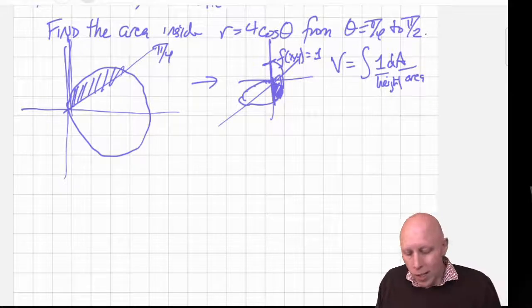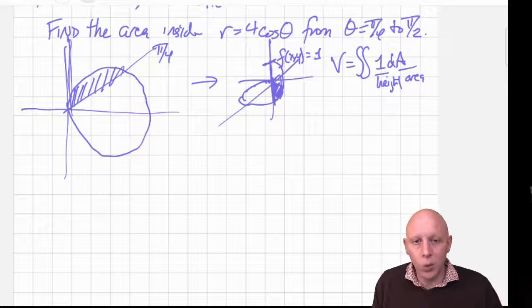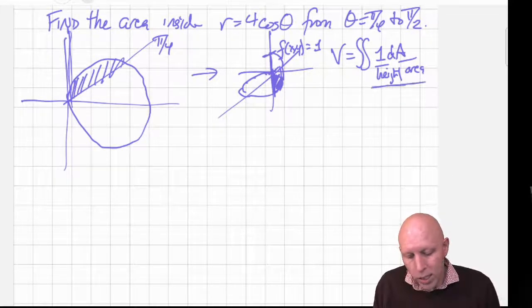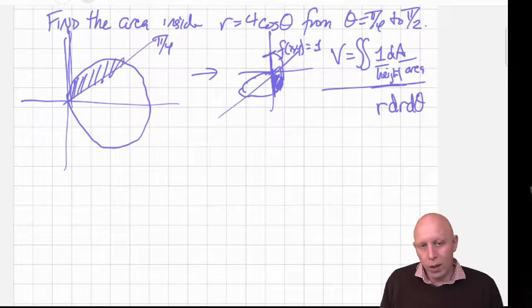And so that's how we can turn this question, that's an area question, into a double integral question, as we've done before. Because we're in polar land, this 1 dA becomes 1 times r dr d theta.